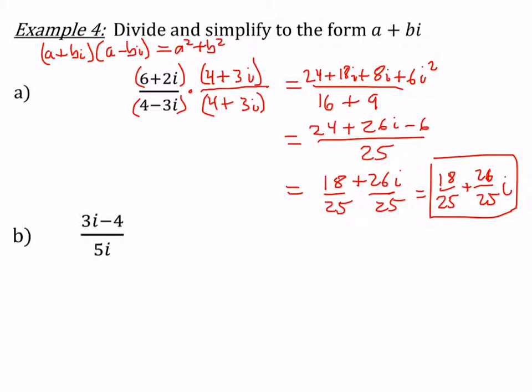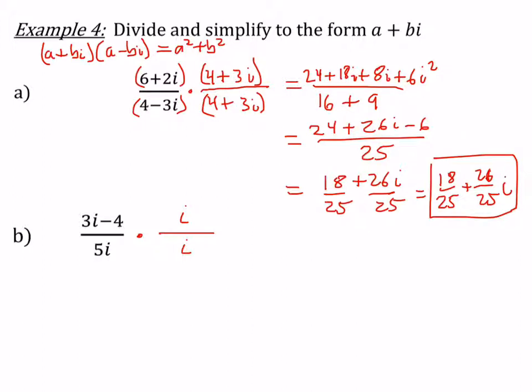All right, and last one here. What if we don't have a binomial? Well, we can multiply by the conjugate here. This is like 0 plus 5i, and so the conjugate would be 0 minus 5i. But you can really get away with just multiplying by 5i, or even easier here, we can just multiply by i.